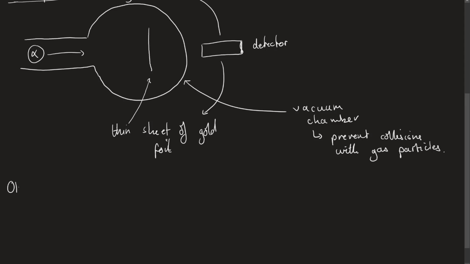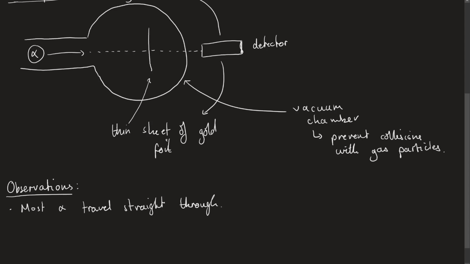Now, his observations, I will try and write down here. The first thing that he noticed was that most of these alpha particles were just traveling straight through the middle. Okay, so most alpha travel straight through. Most of them weren't stopped or deflected or anything like that, so he detected most of them right at the opposite side of the gold foil.